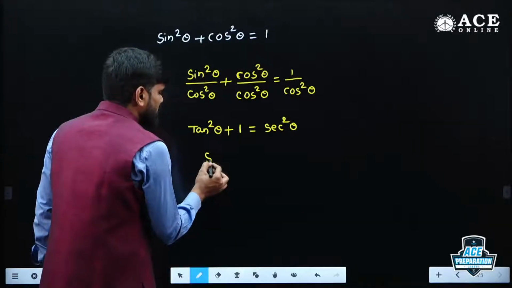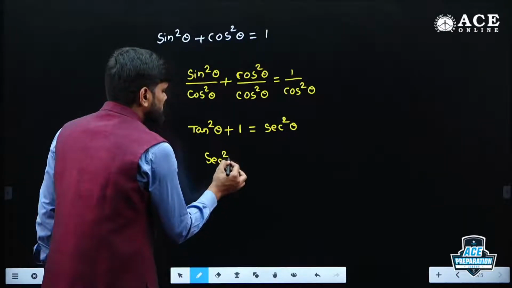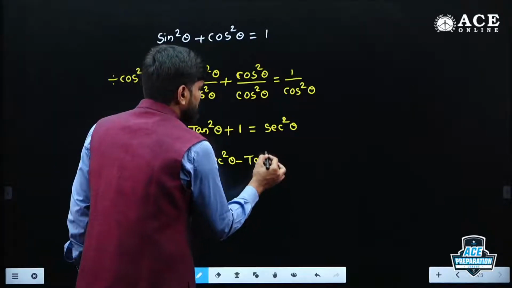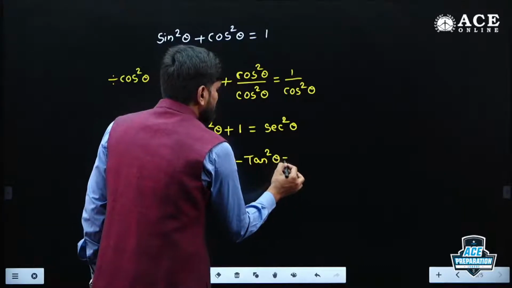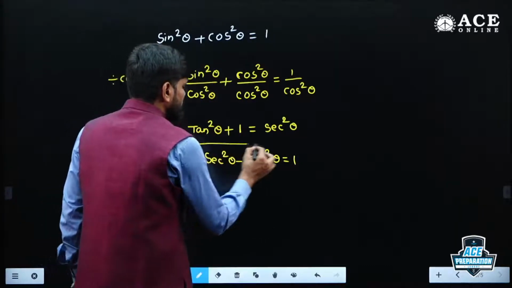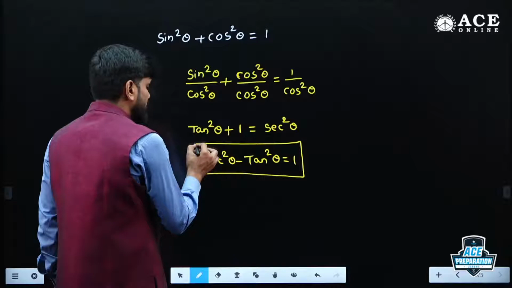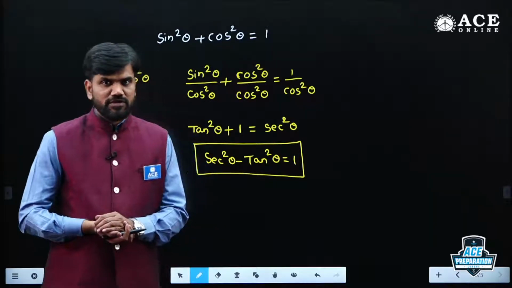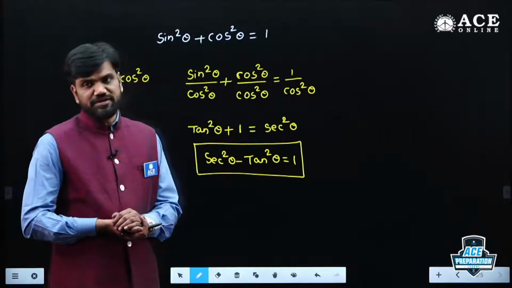So from this I can say that secant square theta minus tan square theta is equal to 1. This is the third identity.